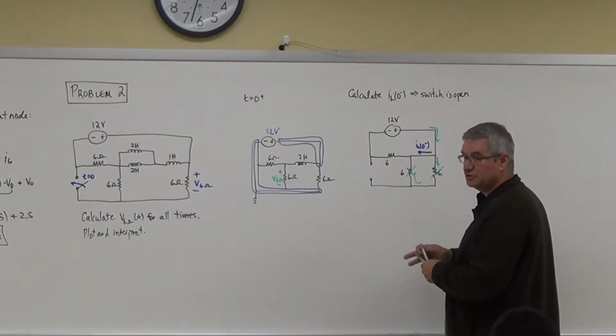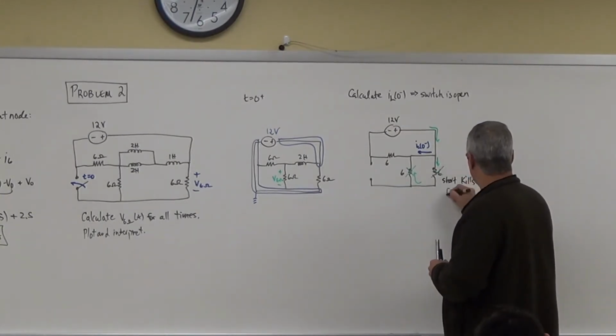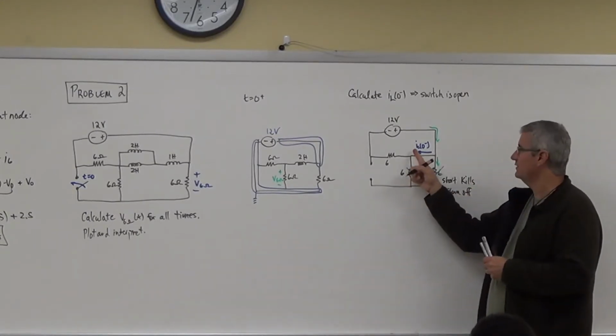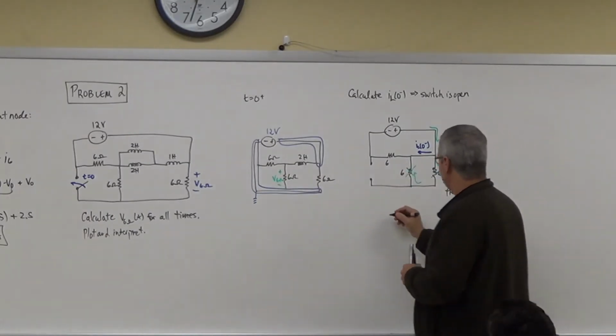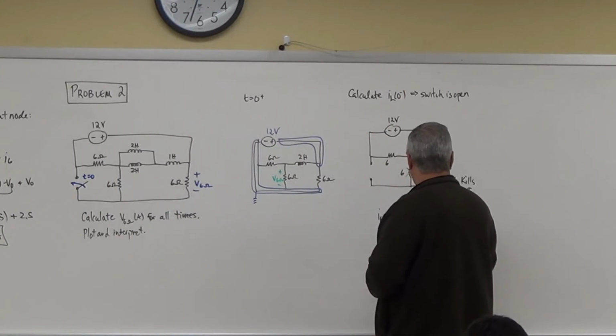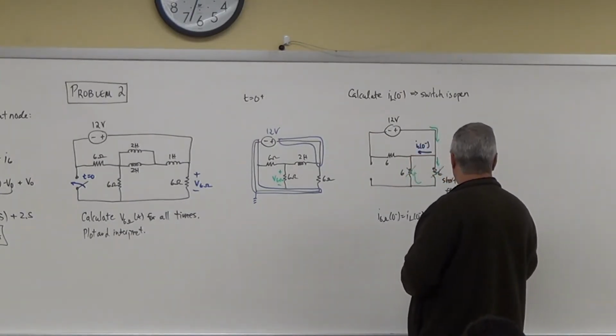The short kills them off. So the current of the inductor must be the current of the 6 ohm resistor. So the current of the 6 ohm resistor, which must be the current of the inductor, is 12 over 6, which gives me 2 amps.